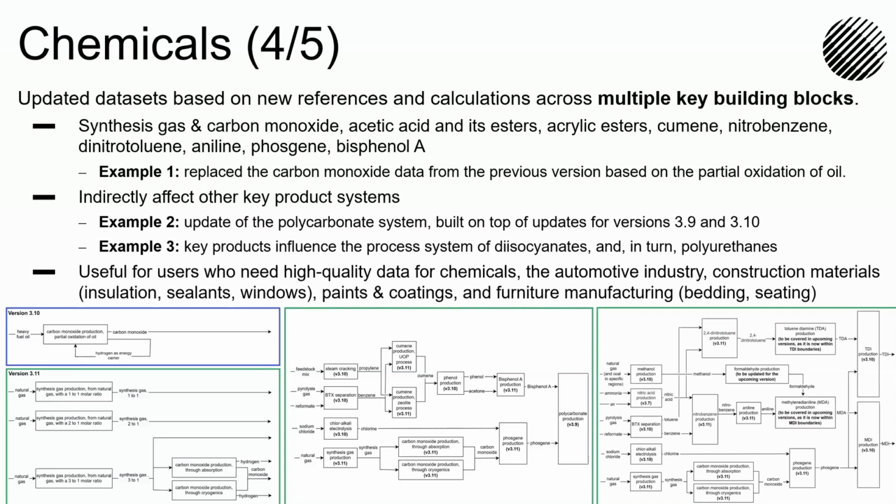These updates provide improved data related to chemicals and materials used for the automotive industry, construction materials, paints and coatings, as well as materials used for furniture manufacturing. If you'd like to see these diagrams in more detail, please check the change report, which contains more details regarding these different updates.